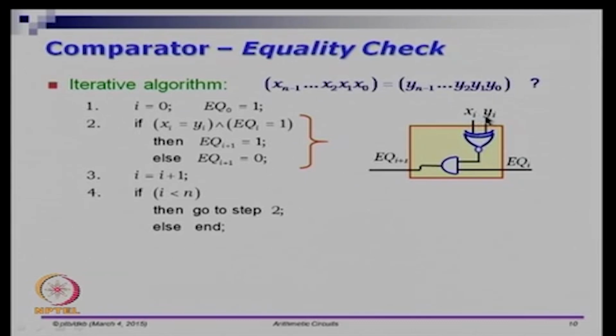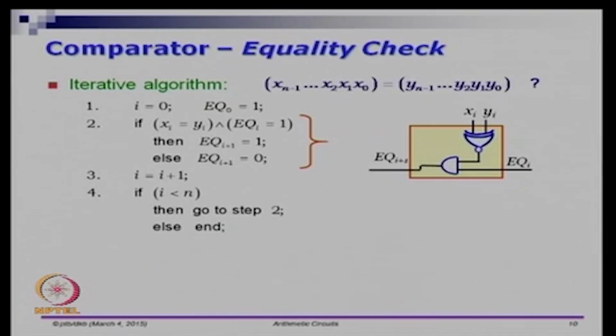So if both are 0, this is a 1, if both are 1, this is a 1, which means at this stage these bits are equal. I have to wait for something from the right side, that is eqi, and if xi and yi are the same and if eqi is also 1, then eqi plus 1 is 1.